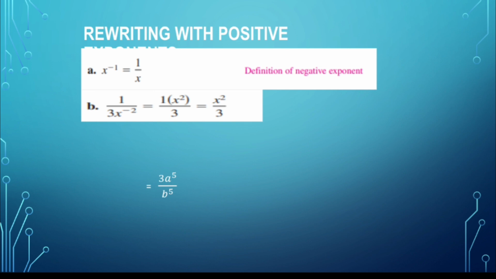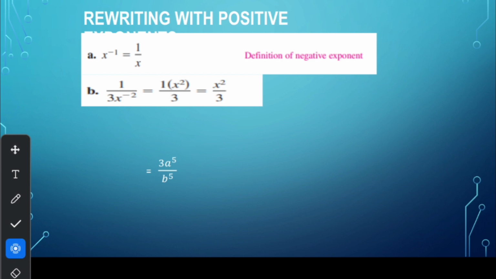Since 3 is positive, we'll keep 3 as it is at its place and we'll only shift this x negative 2 in the numerator to make it positive. We will keep numbers 1 and 3 at their own places and we'll only move the base which is having negative power. In this case, x is having negative power, so we'll only move x in the numerator to make it positive.